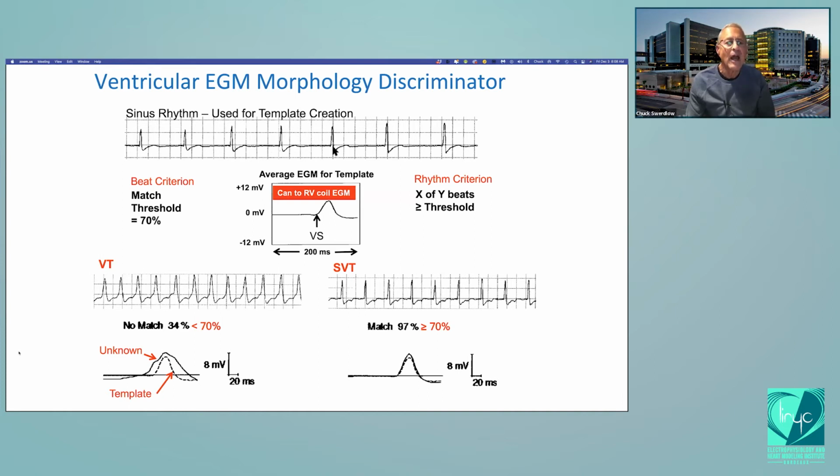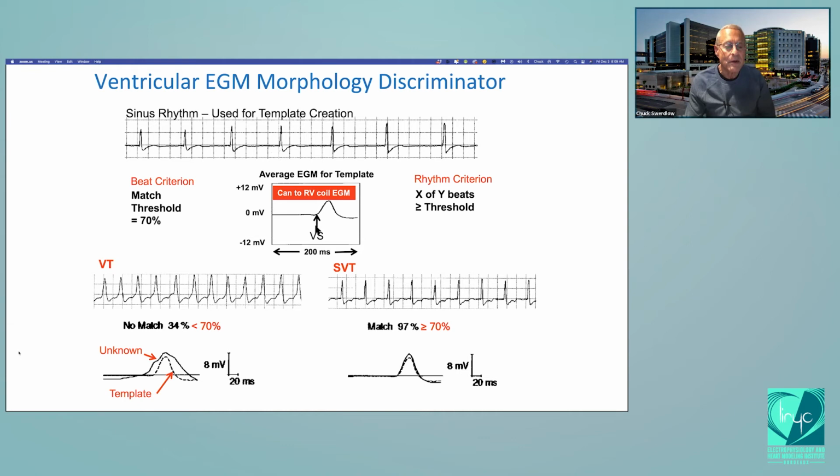After they have stored that template, they then look at a series of shock electrograms, far field electrograms, during tachycardia, and they store those. Might be 3, it might be 8 or 10 or something in that number.